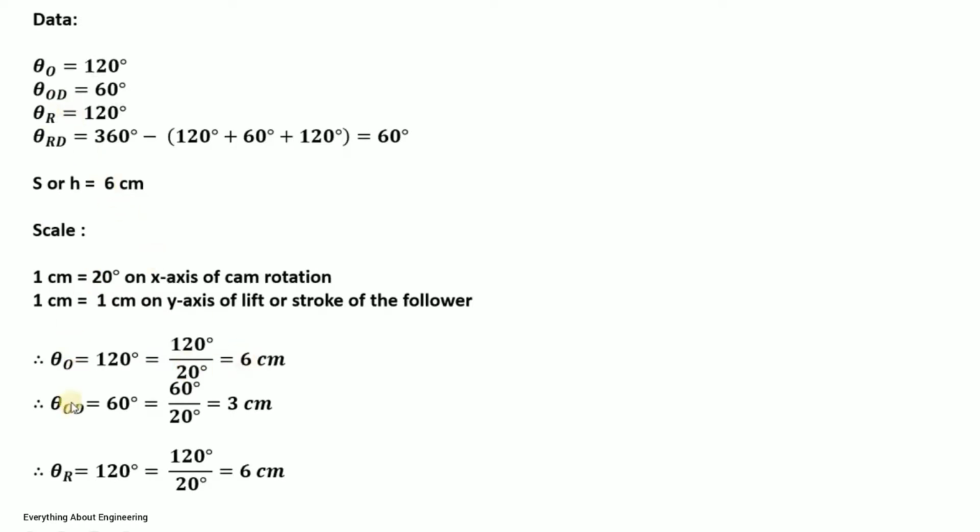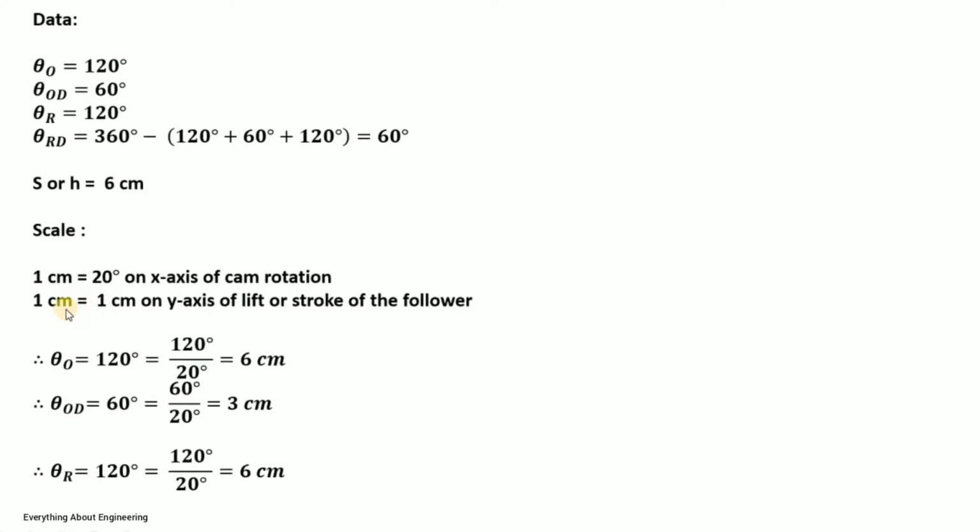Similarly, outstroke dwell is 60°, divided by 20, so it is 3 centimeter. Theta R, the return stroke angle, is 120 divided by 20, that is 6 centimeter. So on our displacement diagram, we are going to represent the three angles as 6 centimeter, 3 centimeter, and 6 centimeter.